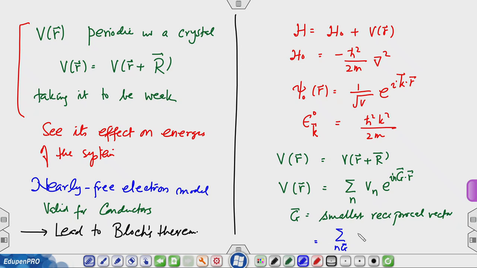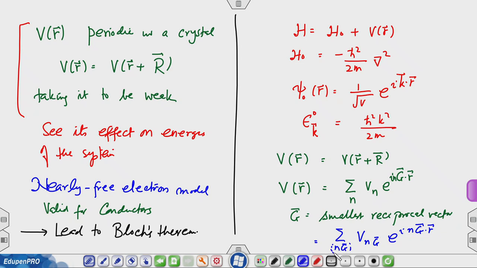I am just emphasizing that I am actually adding over all these reciprocal vectors. I am just changing the label here, just to make you understand what we are doing.